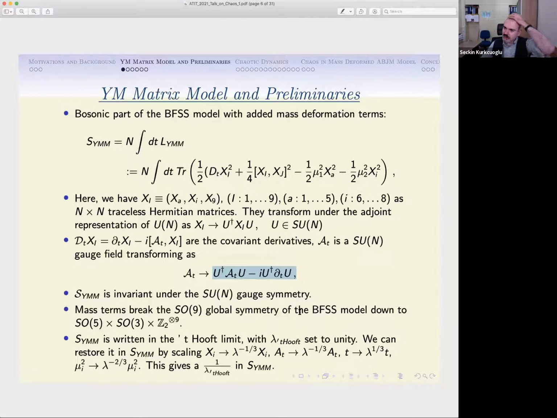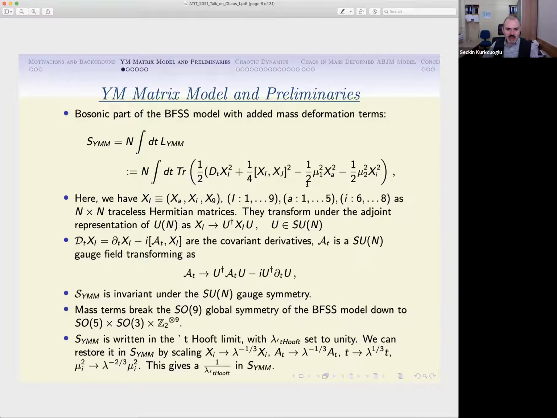That is something that one can do by simply declaring that the fields depend on time only and they are independent of the space coordinates. So then apart from these mass terms, you will get this action. So I hope that this is a sufficiently satisfactory answer at the moment.